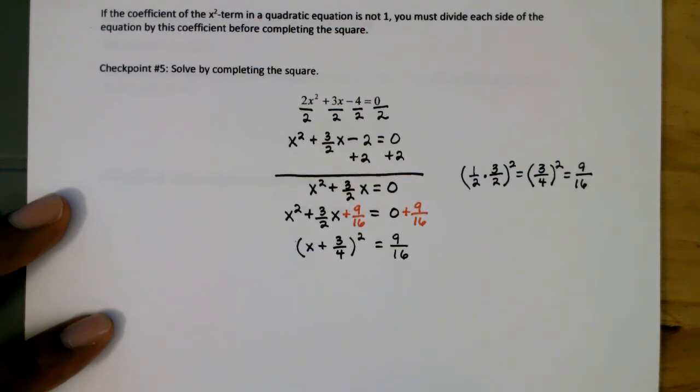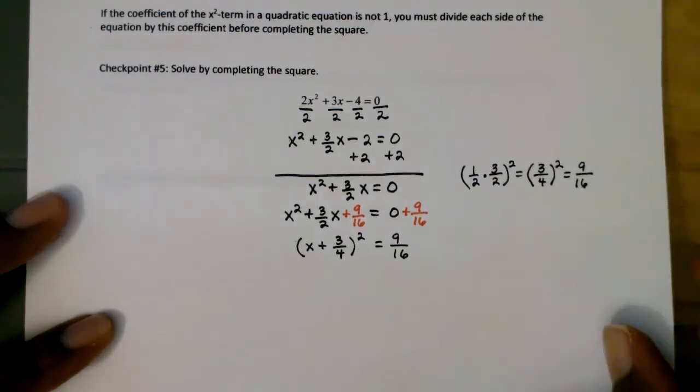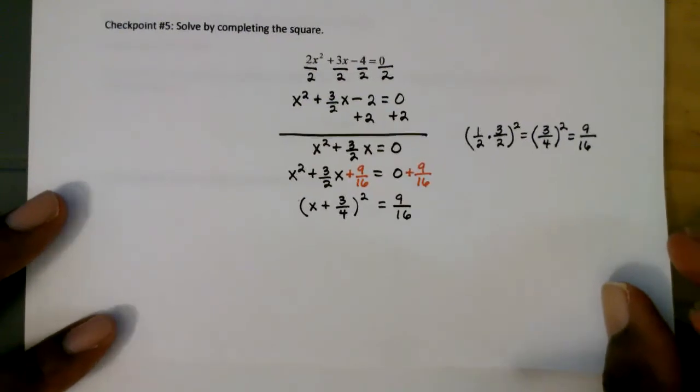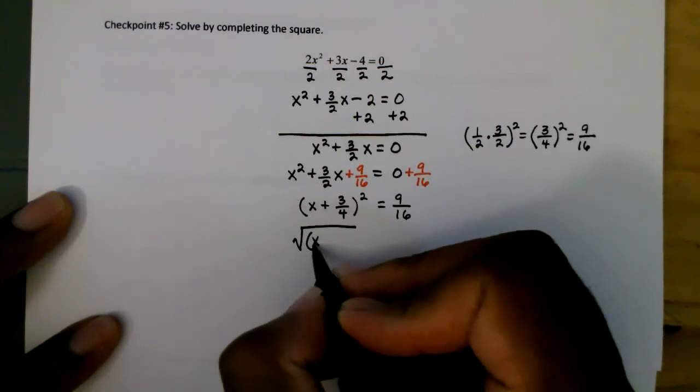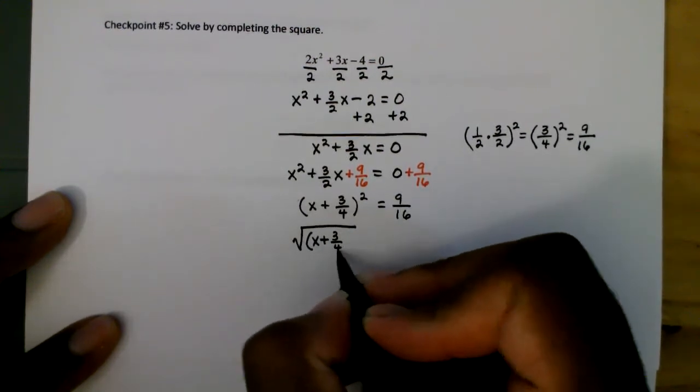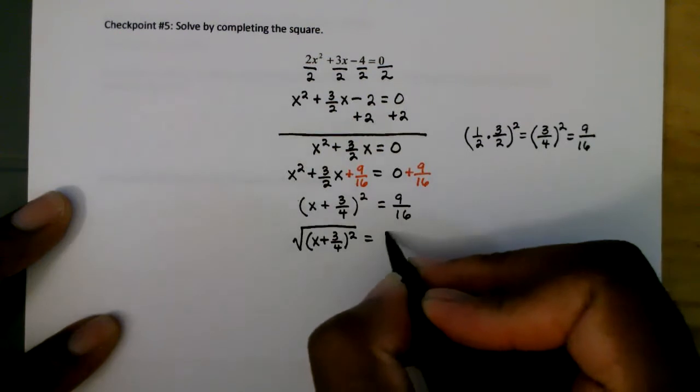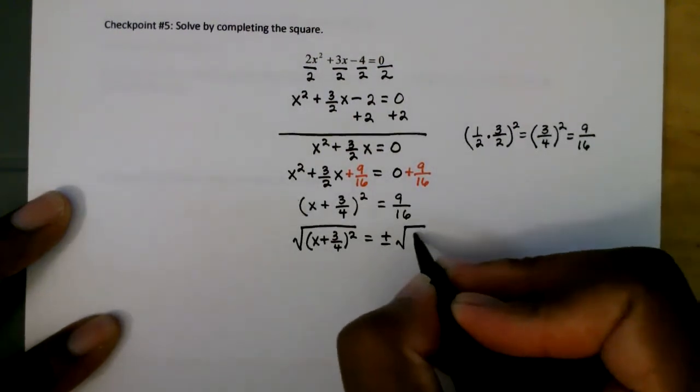And now we can solve for x here. This is being squared, so the opposite of squaring something would be to take the square root on both sides. And of course, we include that plus or minus symbol.